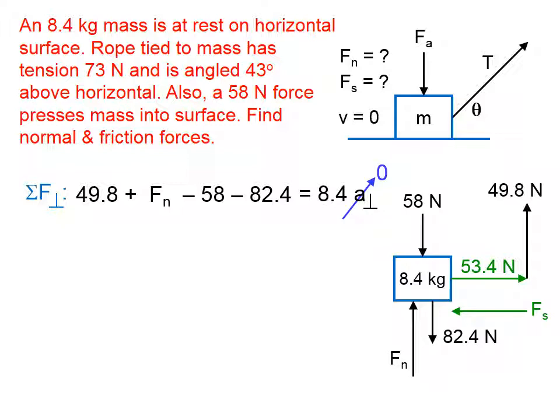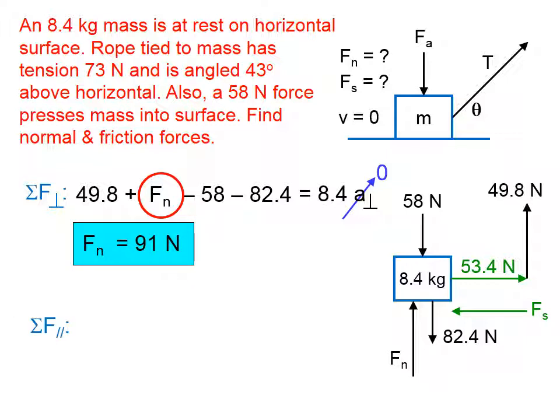Well, this mass is at rest, so the right side turns to 0, and you can see then that we should be able to solve this equation for the normal force, and it turns out to be, to two significant figures, 91 newtons.